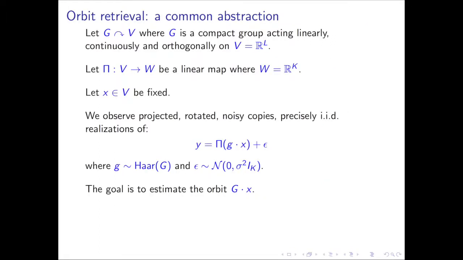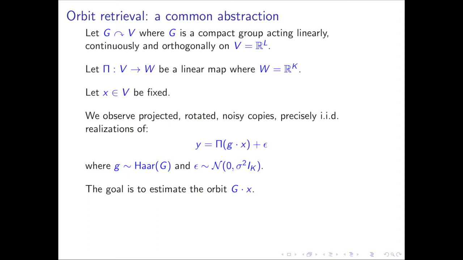So here's the common framework. This is the class of problems I want to talk about. Let G be a compact group acting linearly on a real vector space, R^L. You can think of G as SO(3), acting on some finite dimensional space of functions from R^3 to R in which the molecule lives.